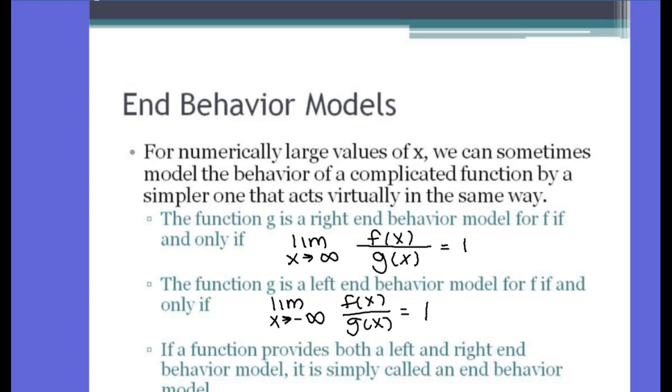The limit as x goes to infinity of f of x over g of x will equal 1 if two functions f and g behave the same. We refer to this as end behavior models.